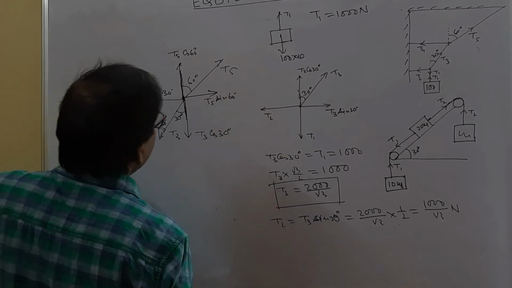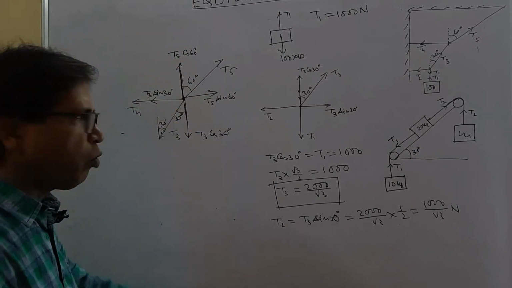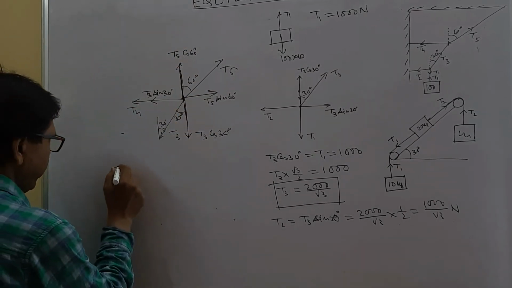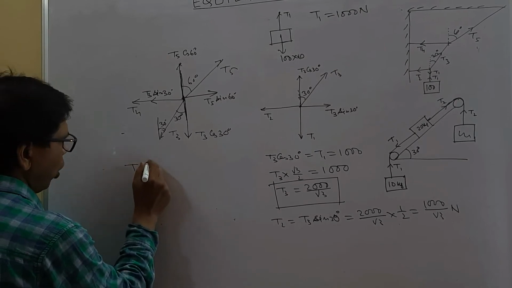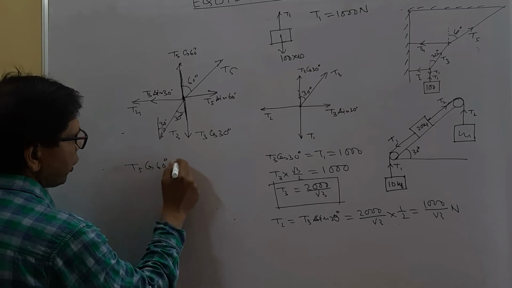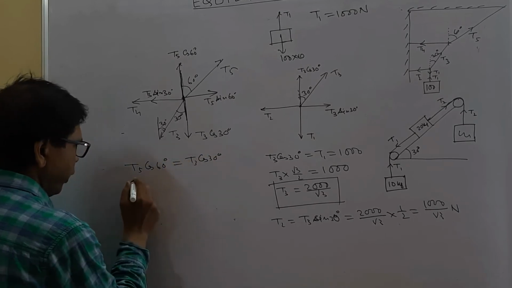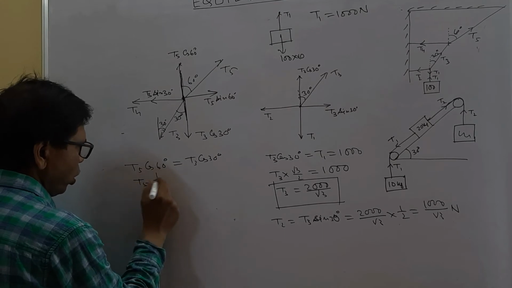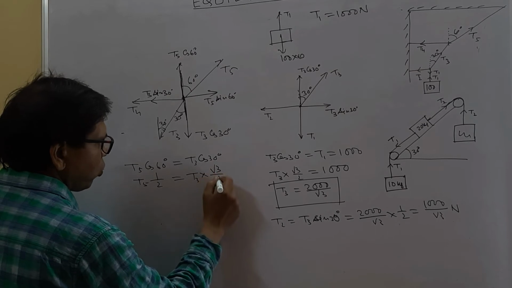Now the forces acting in the upward direction equal the forces acting in the downward direction. So T5 cos 60 degrees equals T3 cos 30 degrees. T5 into half equals T3 into root 3 by 2.